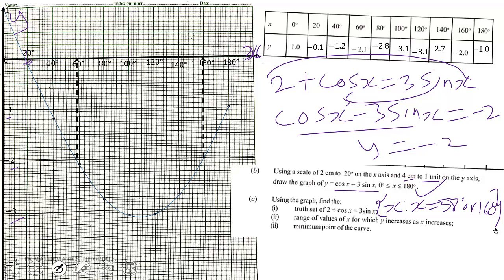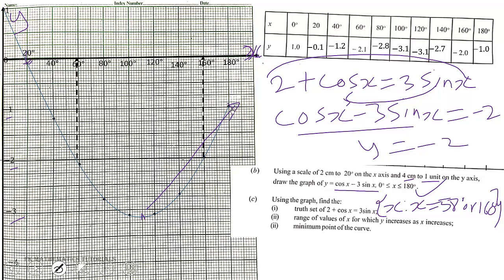Then we have the next question: the range of values of x for which y increases as x increases. From here going, you can see that y is increasing as x is also increasing up to this point.